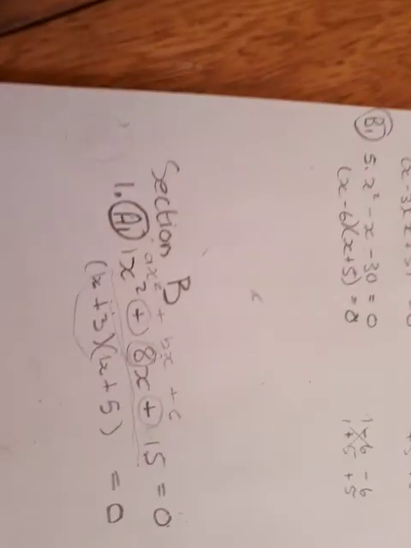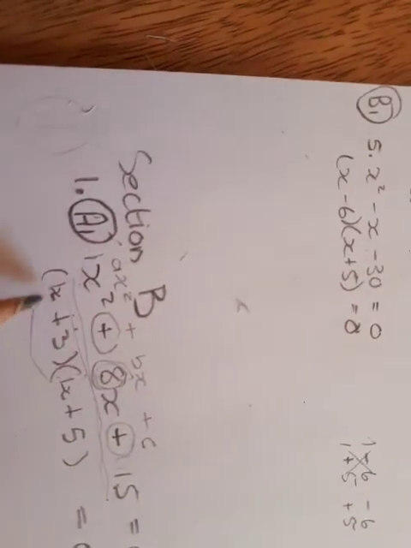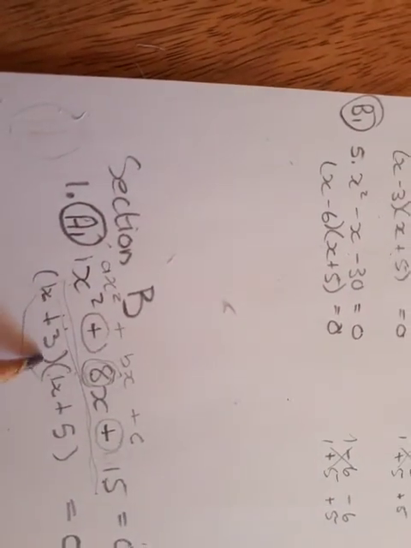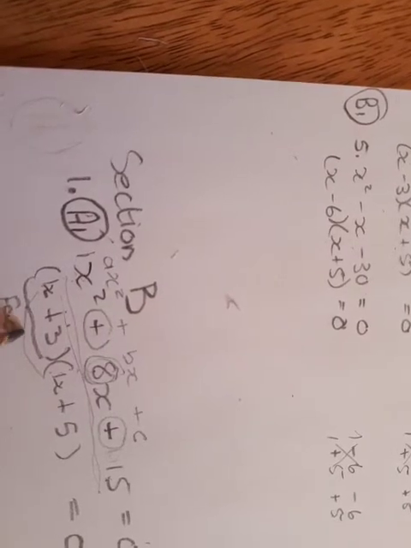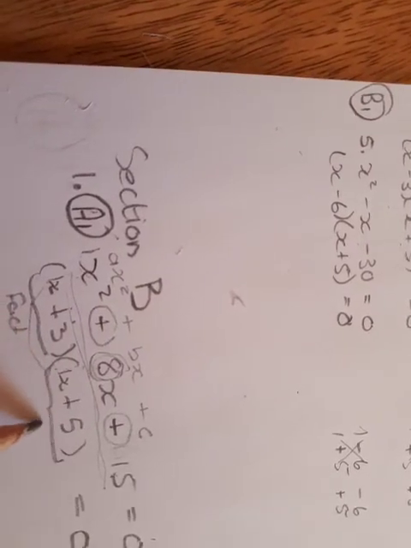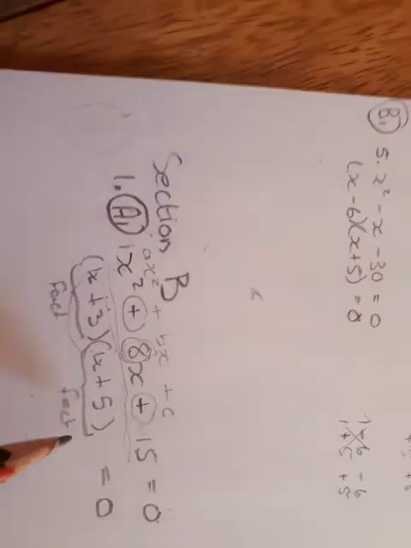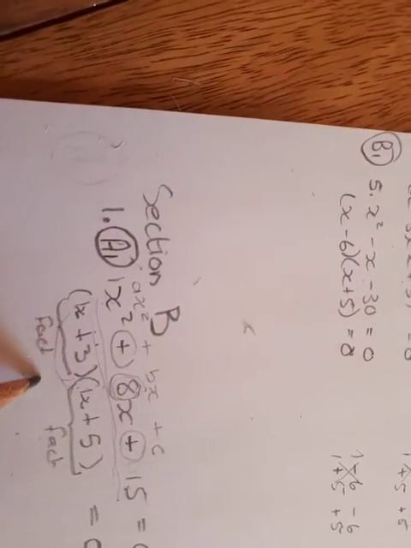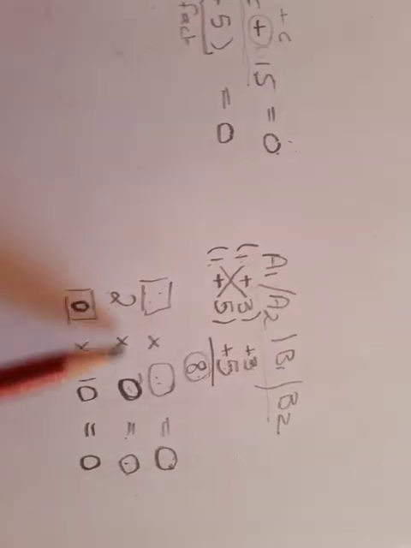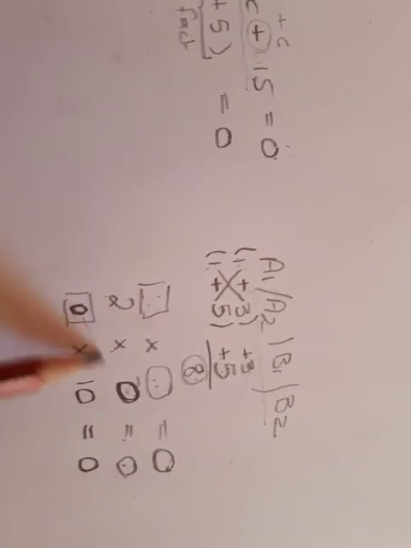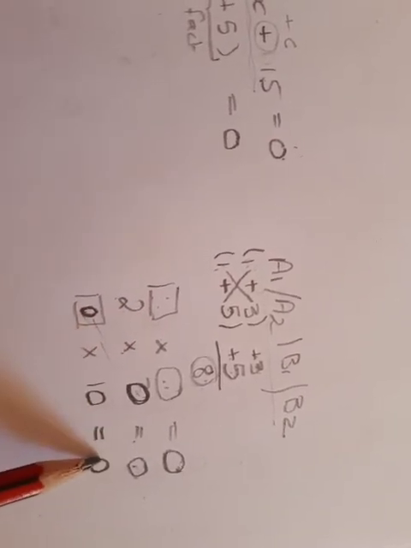So if you now look at your two brackets, people, this bracket is one factor, and that bracket is another factor. Okay, and in between the brackets is a multiplication. So it's really the same as a bracket times a bracket equals 0. Which means one of these two brackets must be a 0 to get 0.